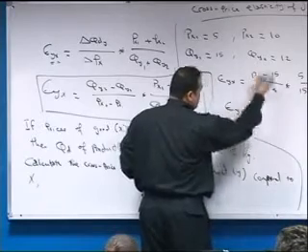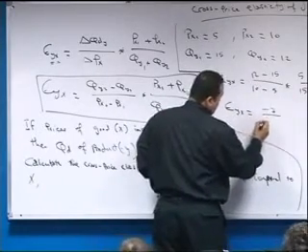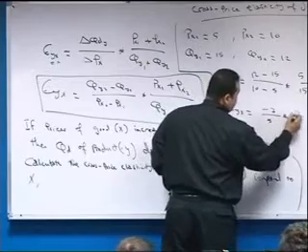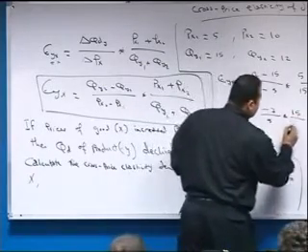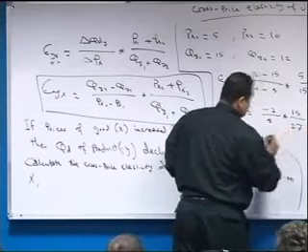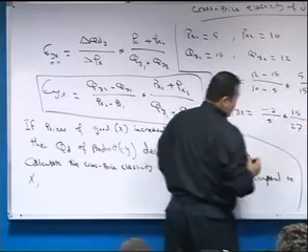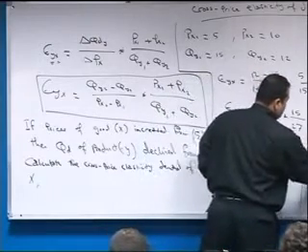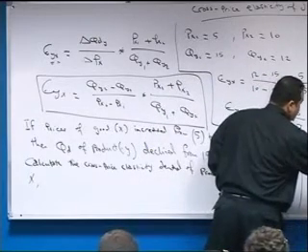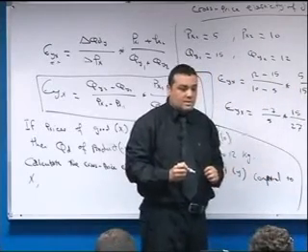Eyx equals 12 minus 15, minus 3 over 5, times 15 over 27, minus 45 over how much, 135, minus 0.